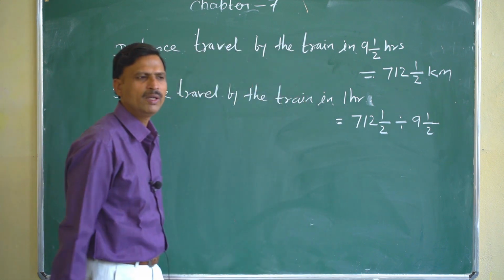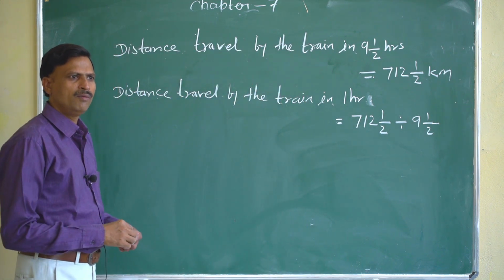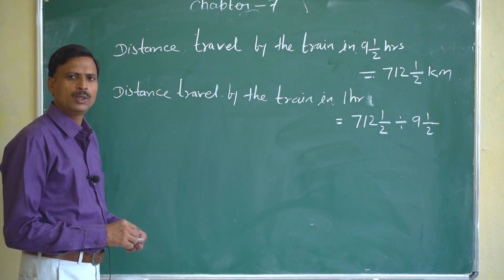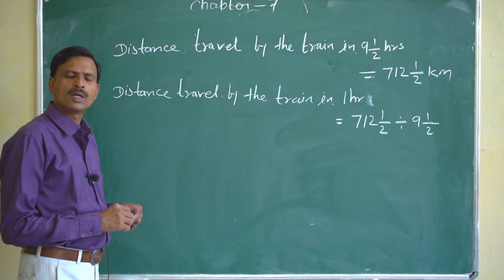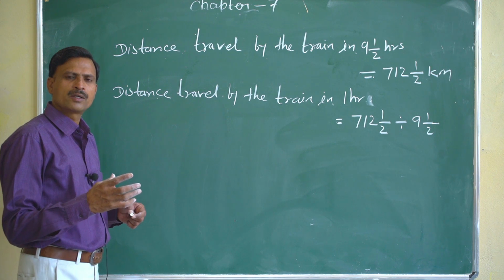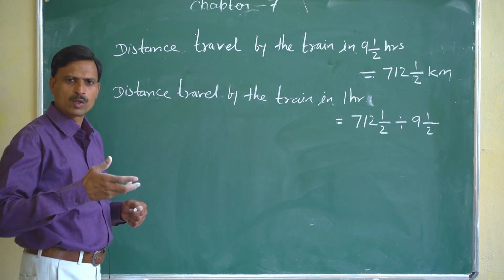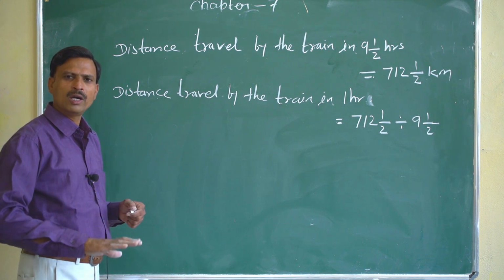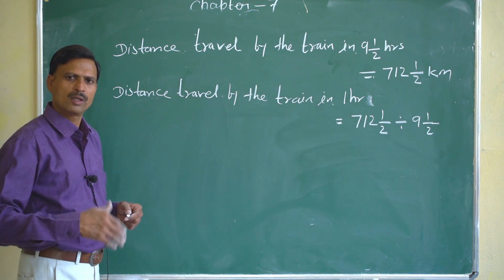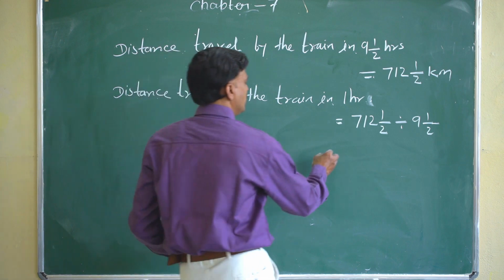So here it will be divided. Why it will be division? Understood, because the distance traveled by the train in more hours was given, 9.5 hours, and we are calculating for less hours, that is for 1 hour. So we'll divide. Now we'll calculate it.